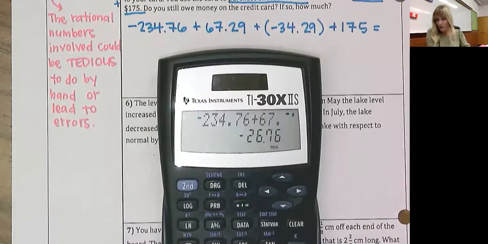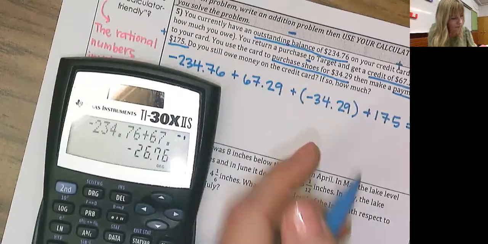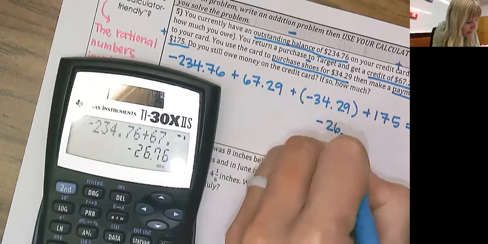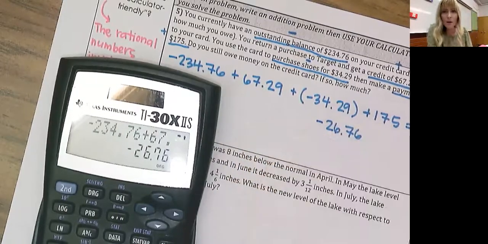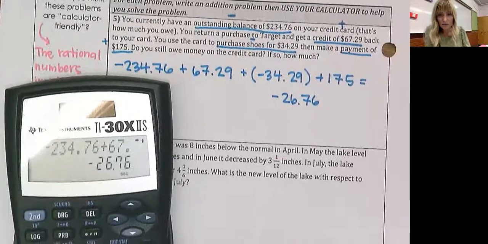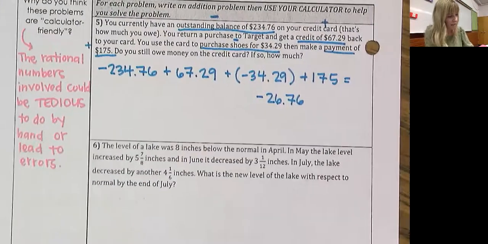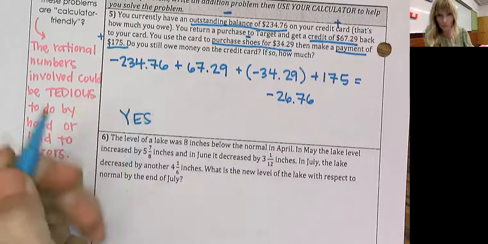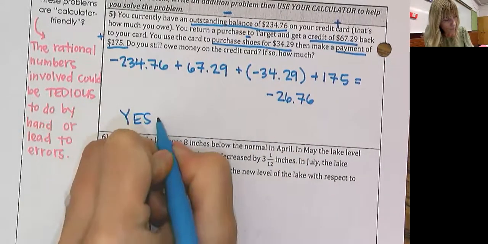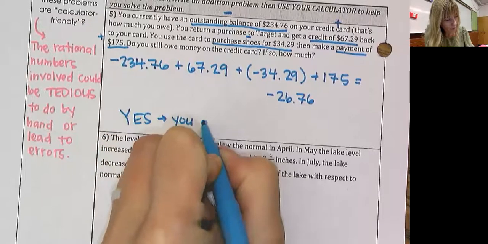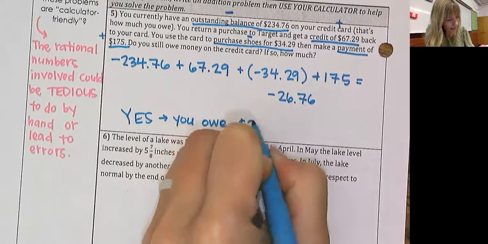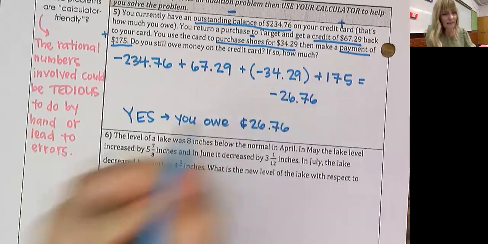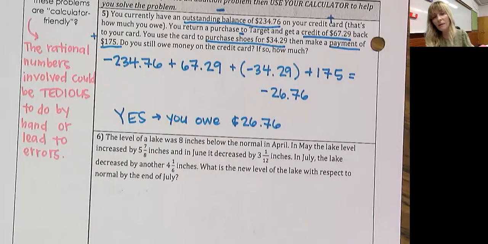Now, this gives me an answer of negative 26.76. Well, what does that mean? If it's negative, it says, do you still owe money on the card? Yes, you do still owe money. You owe $26.76. If it had come out positive, that meant you didn't owe money anymore.